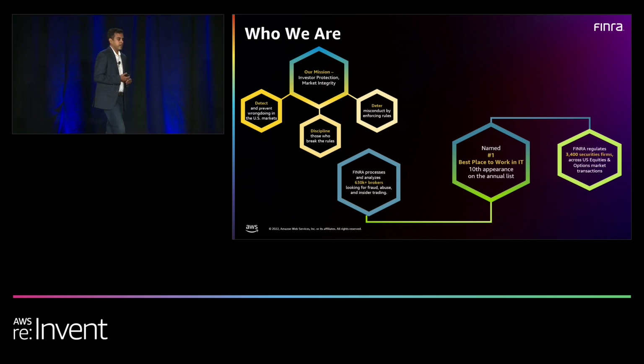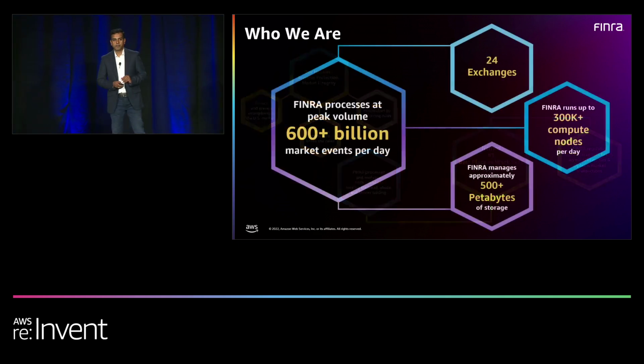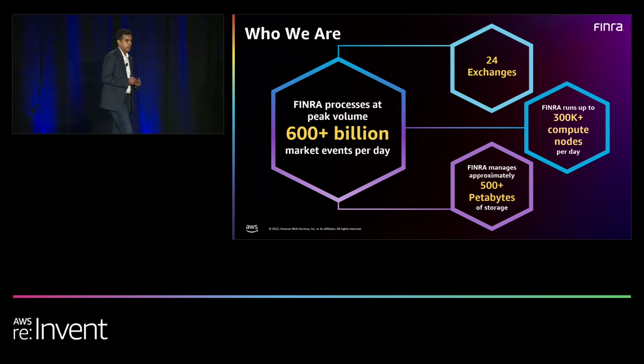Today, Finra regulates about 3,400 security firms and 630,000 brokers. So, we take in about 600 plus billion transactions each day. These are the orders, quotes, trades and cancels. We run surveillance on top of this to build market events.